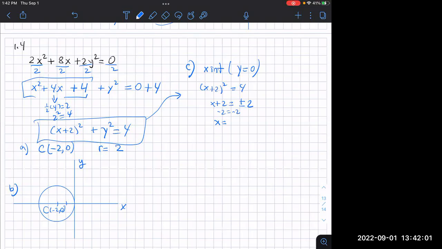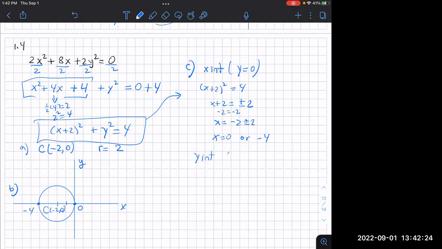So we would have x equals 0 or 4. Negative 4? Yes, negative 4. Okay.